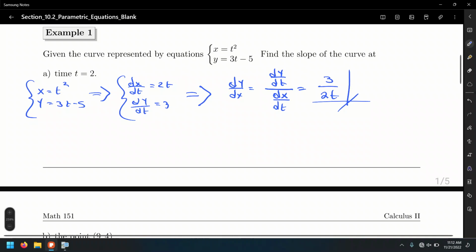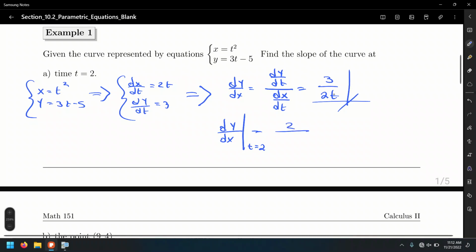In particular, they're asking us to find the slope after 2 seconds traveled by the particle along this path. The way to denote this is to write down dy dx with this bar. Recall that this bar means evaluate at. It looks like the bar from the integration from a to b, but in this case we denote this at t equals 2.